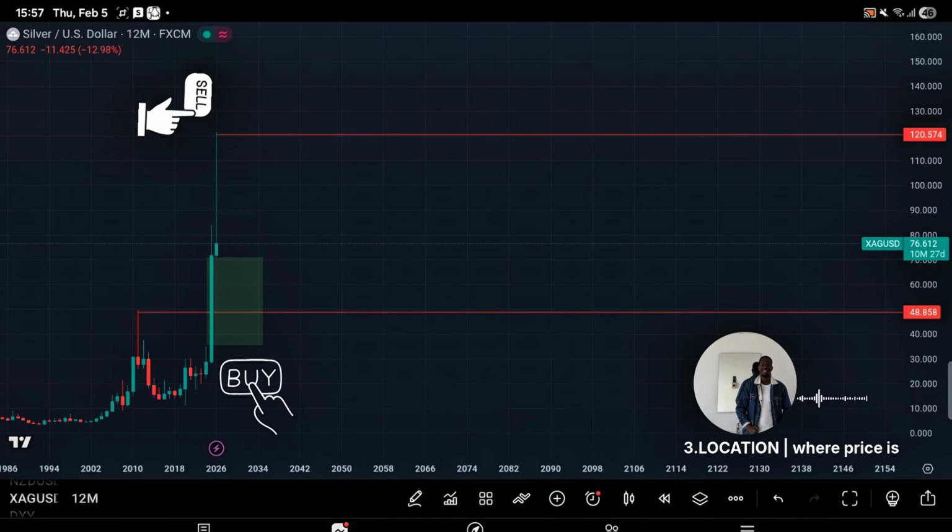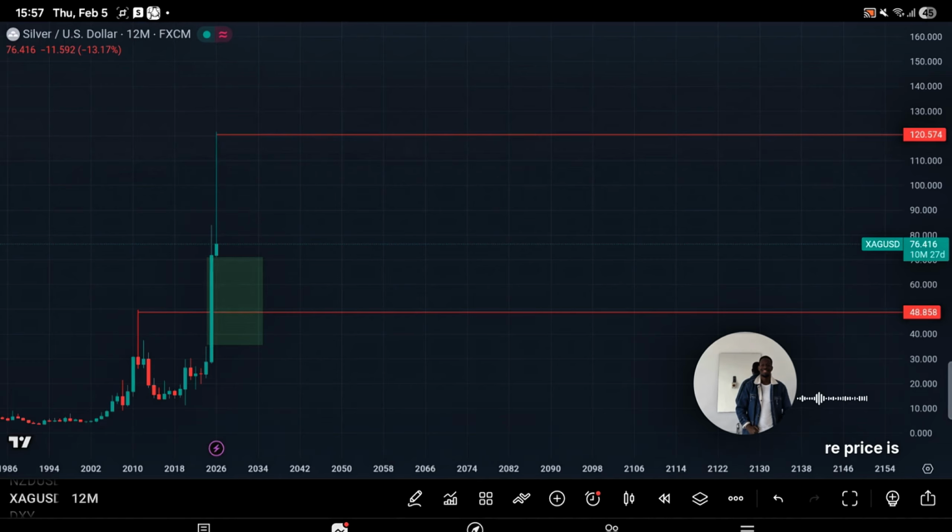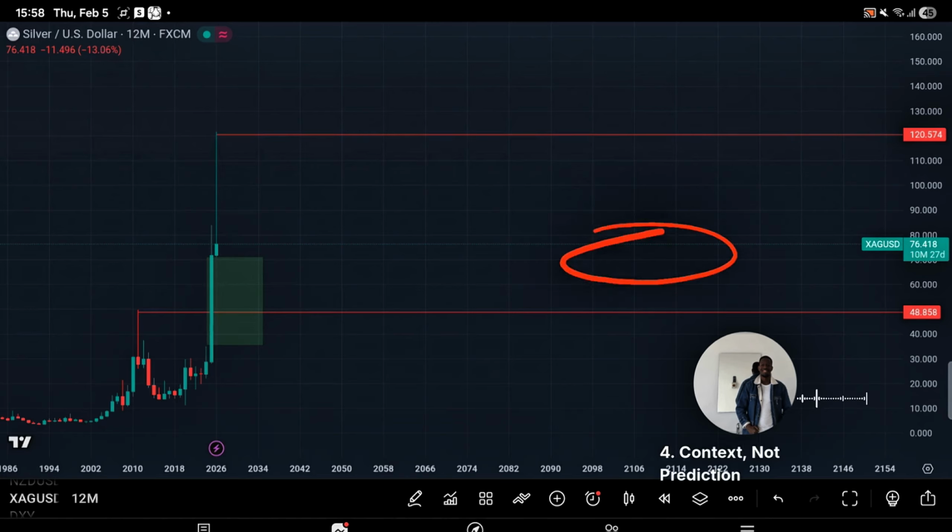So the intention of knowing where my PD arrays are and how they relate to price is to understand the future process of it. That is to say, not in the essence of prediction, but in the essence of where it is headed towards. So at this point, I know it's in the middle. For me, if it's in the middle, it's a no. I wouldn't want to trade something that's in the middle.